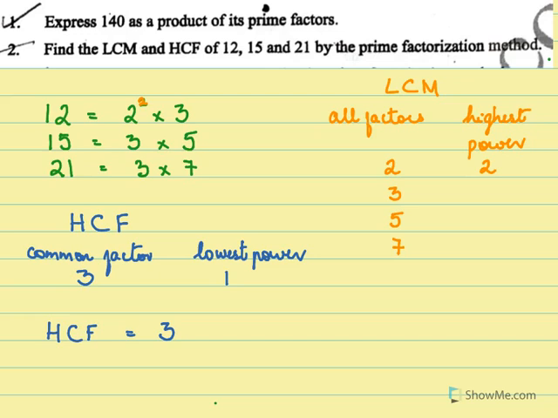Highest power of 3 is 1, 1 and 1. Highest power of 5, 1 and 7 also 1. So LCM equal to 2 with highest power 2 into 3 into 5 into 7. So LCM is 420.